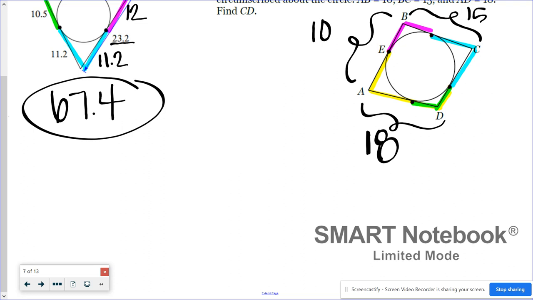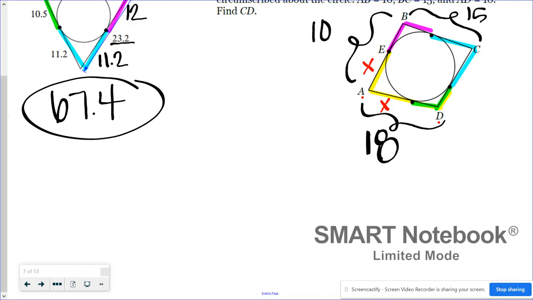So what I can do is call any one of my little segments X. Maybe I'll call this one X, which means the other yellow segment is also X. Segment AD is a total of 18 units long, and I know that part of it is X units long.